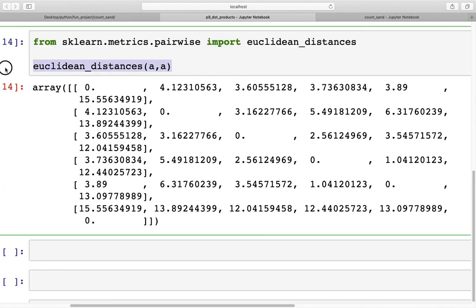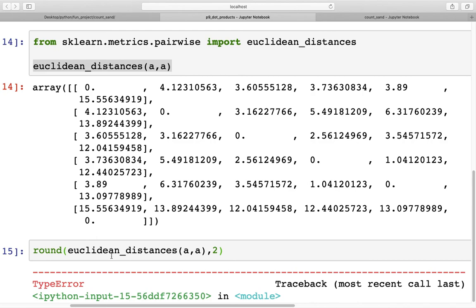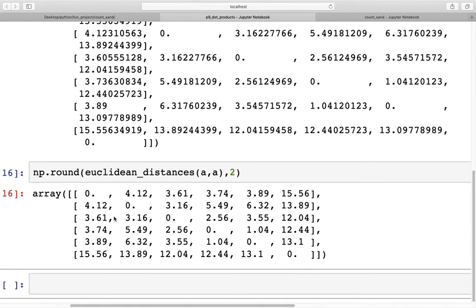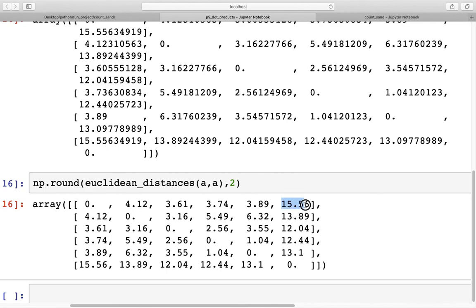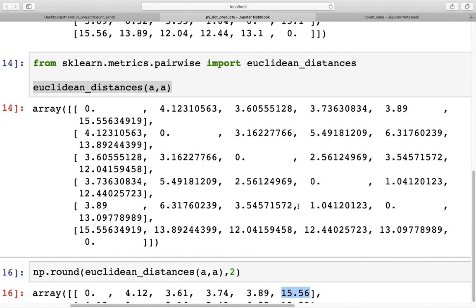Again, the same way we can round the numbers to 2 decimals. Sorry, np.round. Okay, and as you can see, the numbers are the same, so we get 15.6 in this case as well.